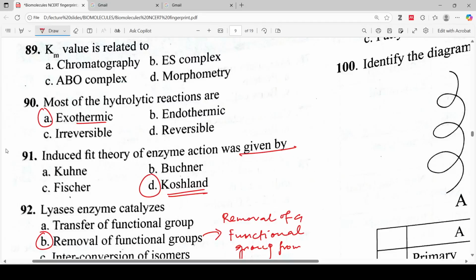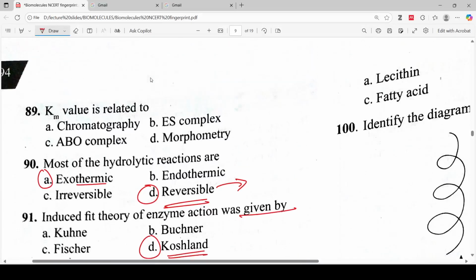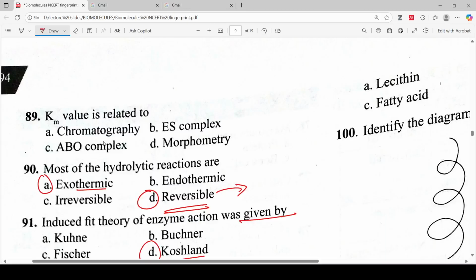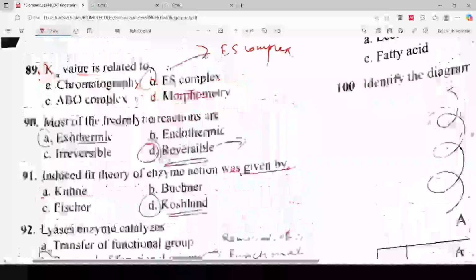So the correct answer will be option D. Next question: Km value is related to chromatography, ABO complex, ES complex, or morphometry. The Km value is related to the ES complex. Let's move to the next.